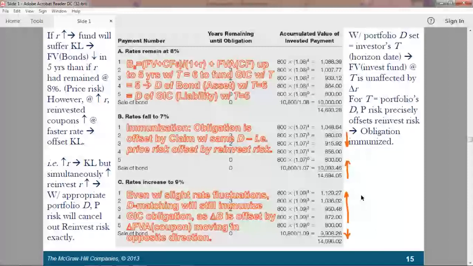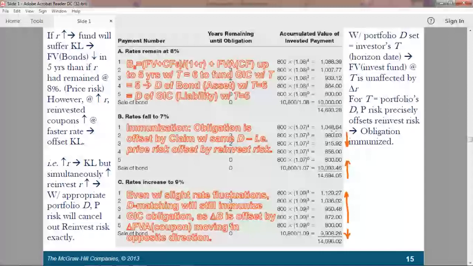If the prevailing market rate falls to 7%, or yield falls to 7%, then all these future values of reinvested coupons will be smaller.